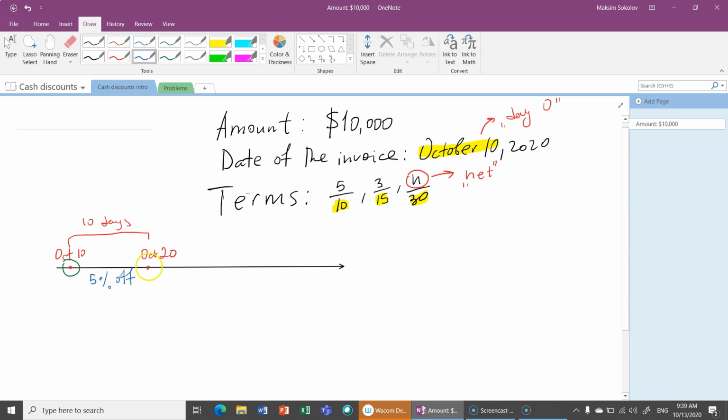In practice, people would usually pay on October 19 or October 20 for this invoice, and they would use all this time up to October 20 to keep that money in some investment to earn a little bit of interest. So we can expect that the invoice would be paid on October 20, and that will be the last day to get the 5% discount.